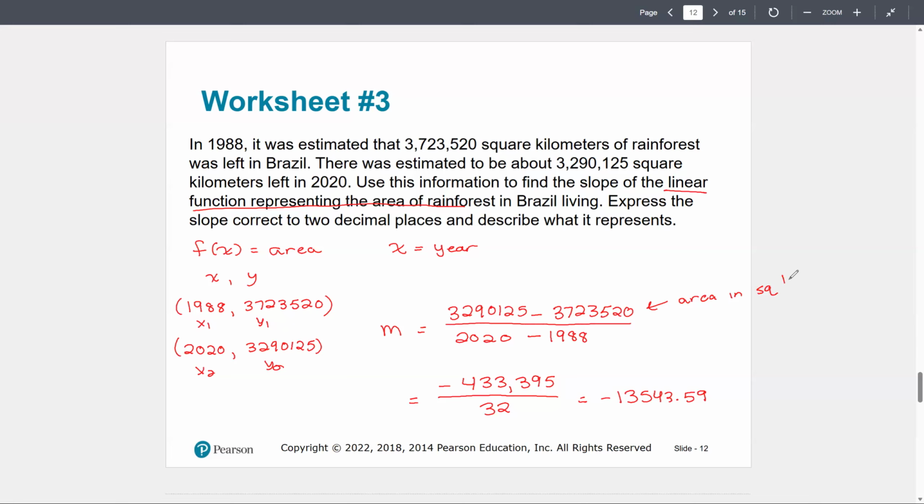in square kilometers, and this is representing the year. So this is a loss of 13,543.59 square kilometers of rainforest per year.